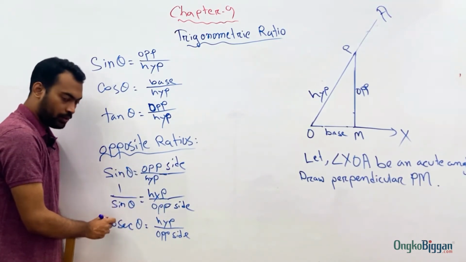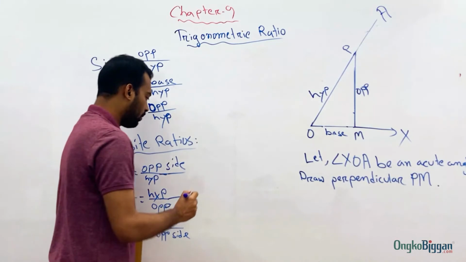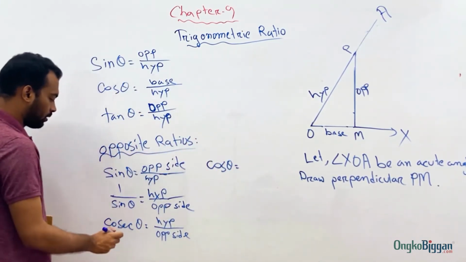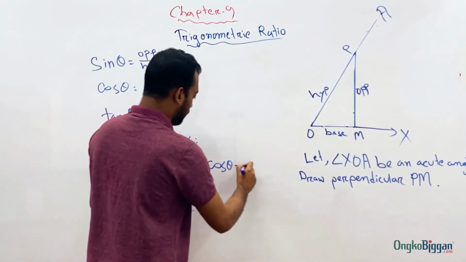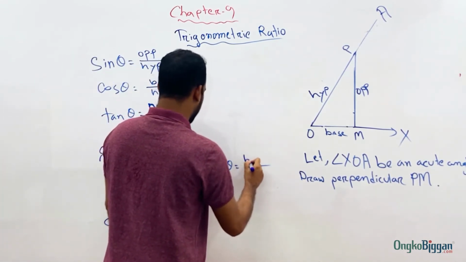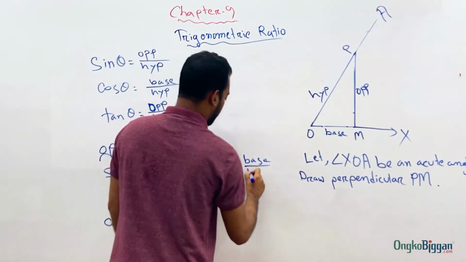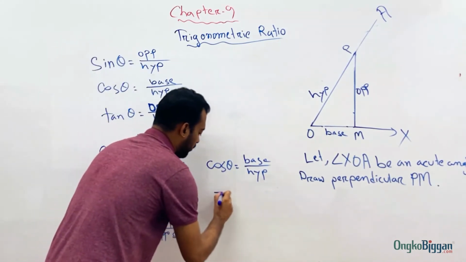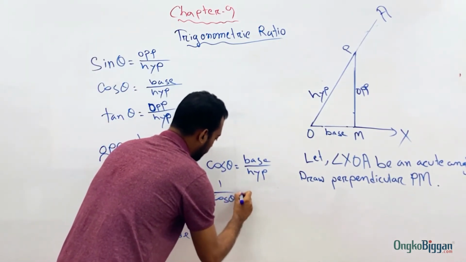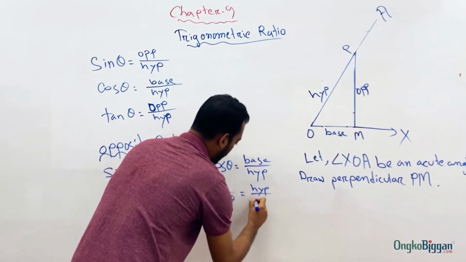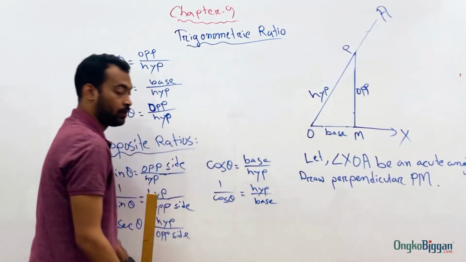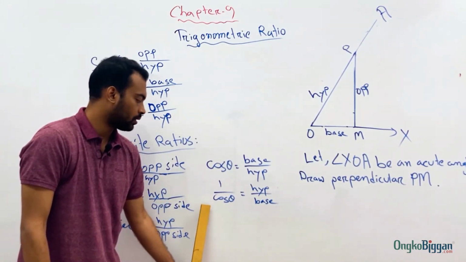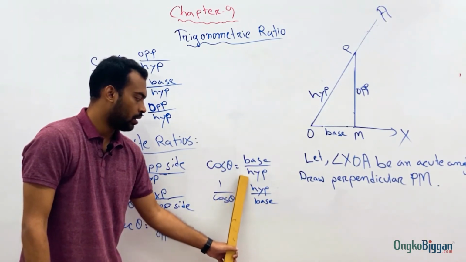So cosec theta is the opposite of sine theta. Now cos theta is equal to base by hypotenuse. What would be the opposite of cos theta? It will invert. The opposite of cos theta will be 1 by cos theta, which is hypotenuse by base.